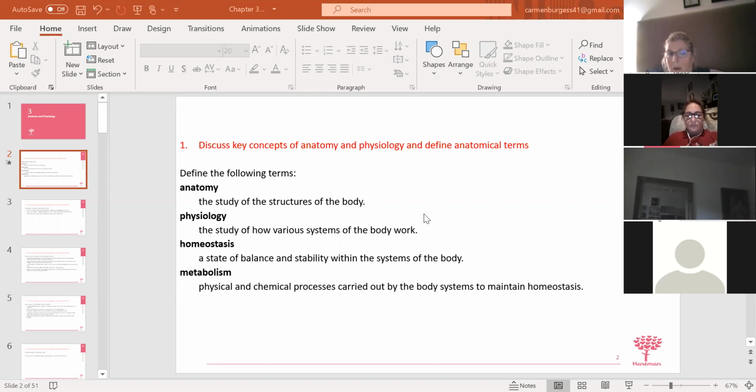Homeostasis, do y'all know what that is? I don't know if y'all read ahead. It's basically, in basic terms, a balance. Balance and stability has to be maintained in your body, and homeostasis is that state of balance. If you have a problem in your cardiovascular system, you are going to have a problem in your respiratory system.